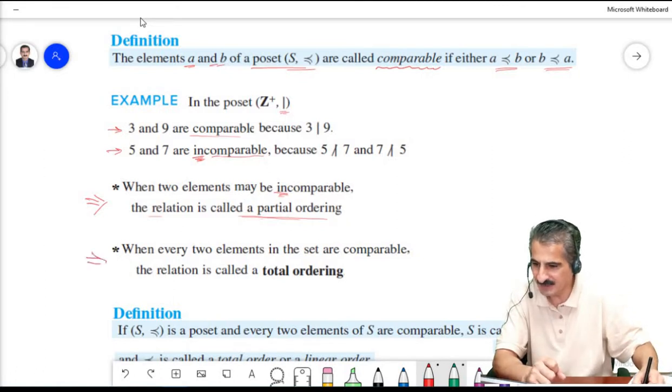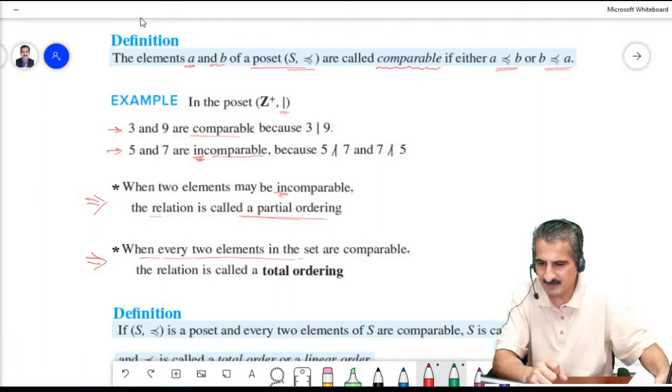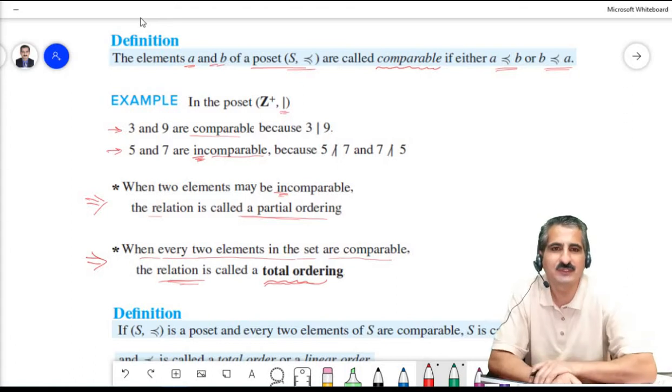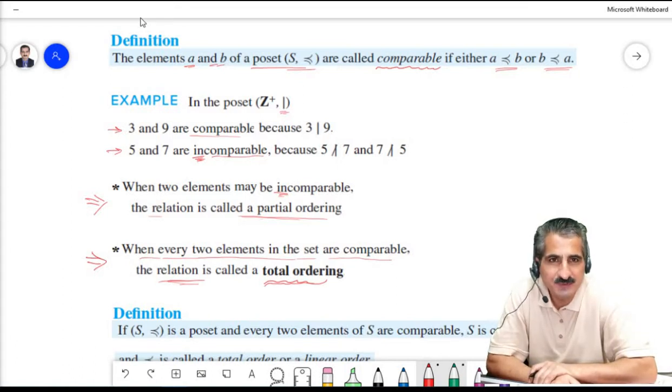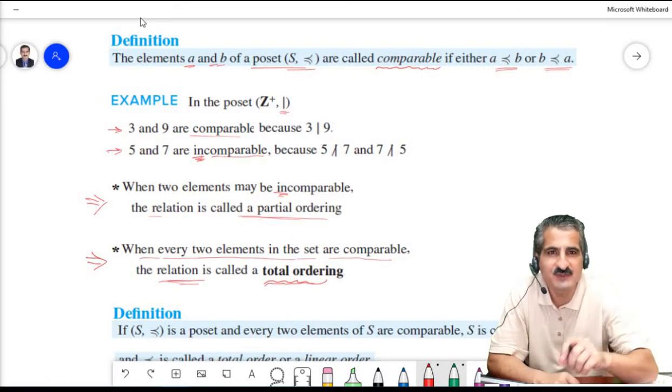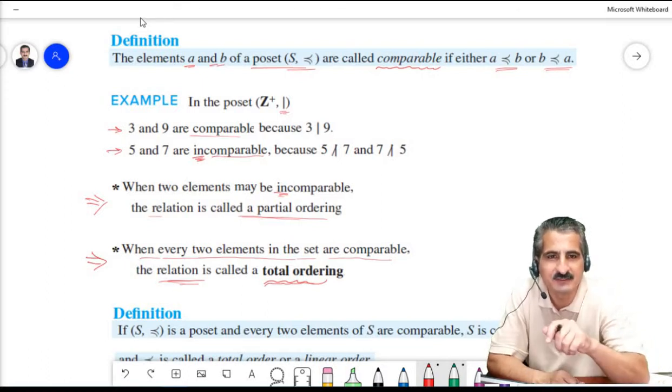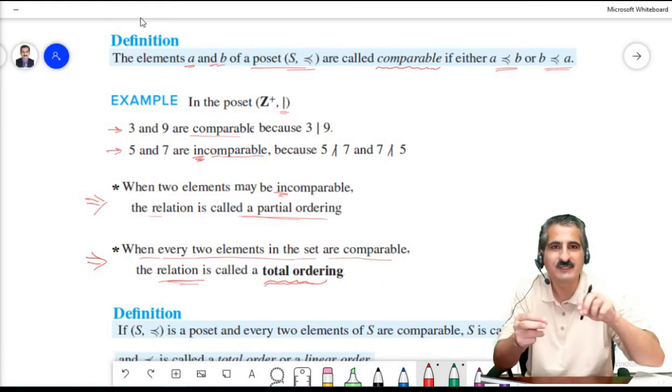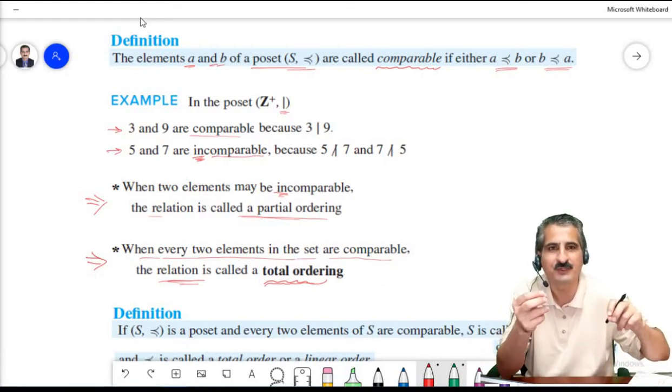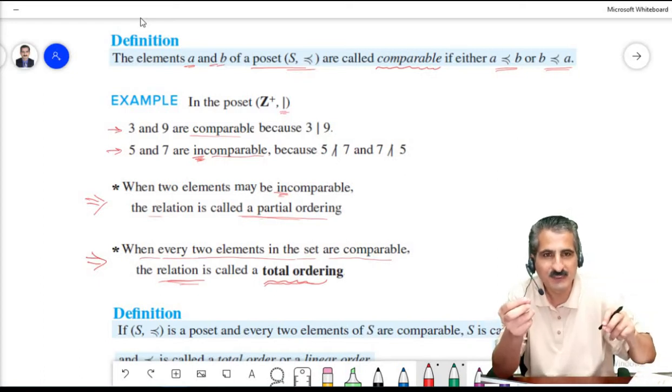Now here it says when every two elements in the set are comparable, then the relation is called total ordering. This is natural to say. A total ordering is a relation R on a set S where every two elements in S are related by R. So if you want to order the elements of S according to R, we can order them all together, and every two of them will be related.